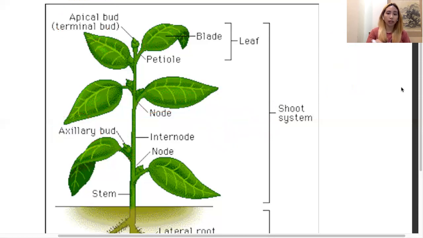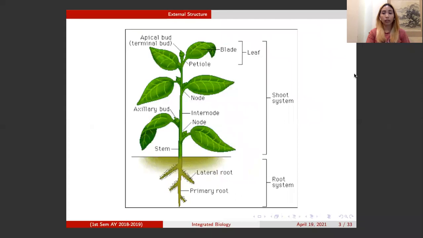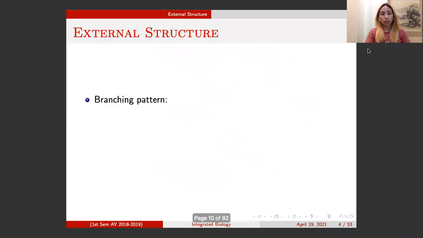Those are the different terms that you have to know when it comes to the buds, and of course the different terms that you have to know when it comes to the external structure of the stem. Now going into the internal structure, still on the external structure, there are different types of branching patterns of plants.